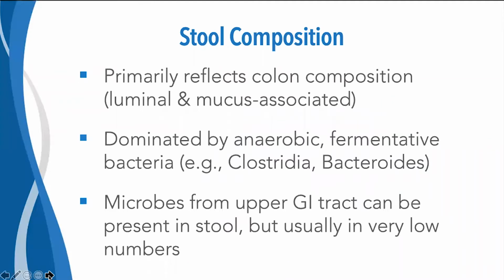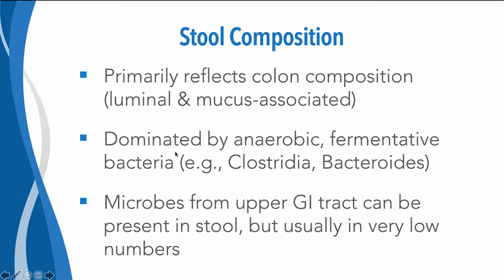As far as stool composition, just to summarize, it primarily reflects the colon composition. That's intuitive, but that's also what research shows. Within the colon, there's a mix of luminal and mucus-associated microbes, with the composition in fecal samples primarily dominated by the luminal microbes. But definitely you get a sense of the mucus-associated microbes such as Akkermansia.